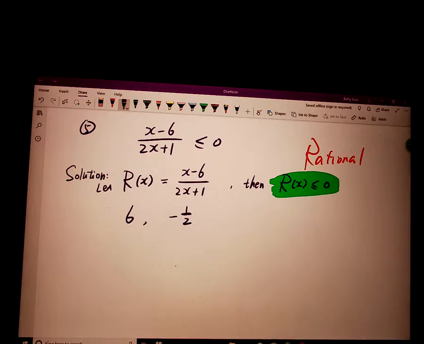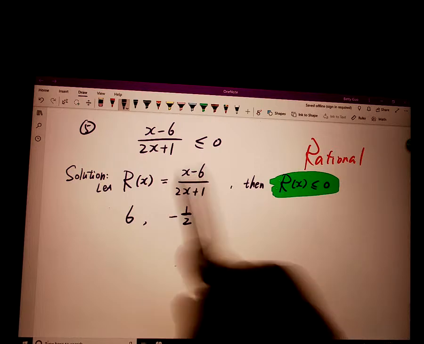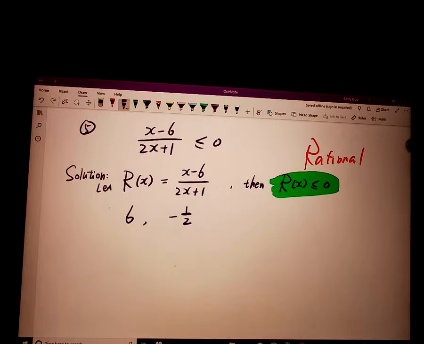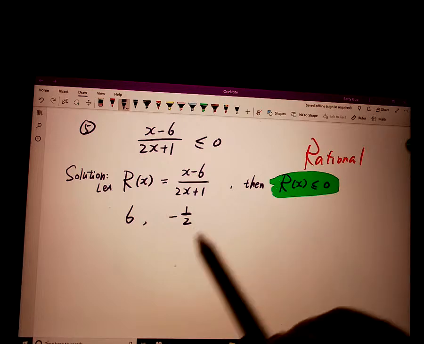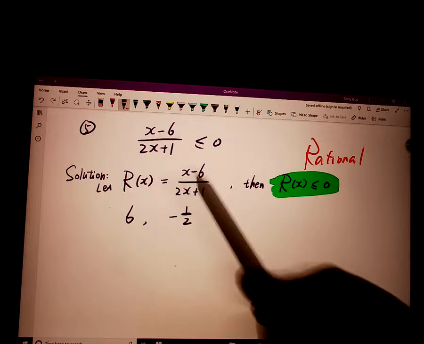Those two zeros, one is the zero of the numerator, the other is the zero of the denominator. Sometimes you have to factor the polynomial on the top, also factor the polynomial on the bottom, in order to find their zeros.